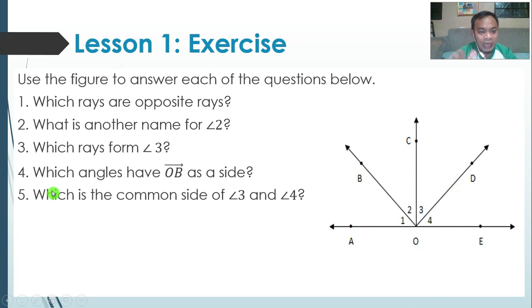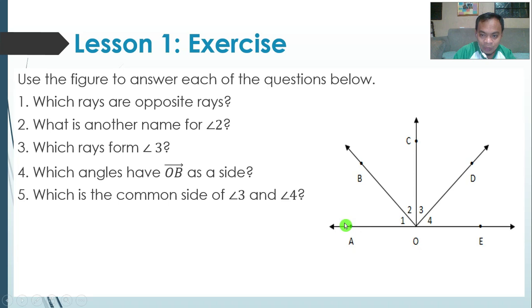Now, number 4, which angles have ray OB as a side? Okay, saan po yung angles na nandito sa figure na si ray OB ay part ng kanyang side? Okay? So, this is our ray OB. So, we have angle 1 and angle 2. Because angle 1, ray OB is part of angle 1, di ba?